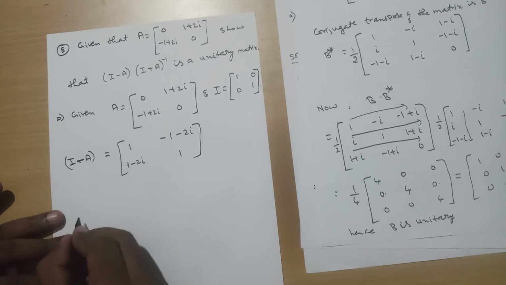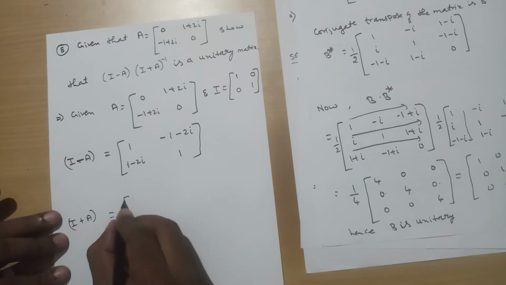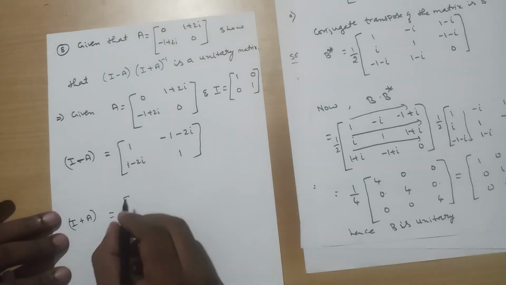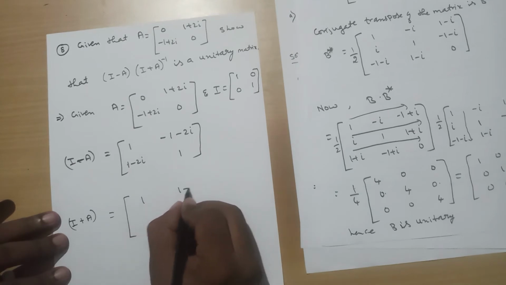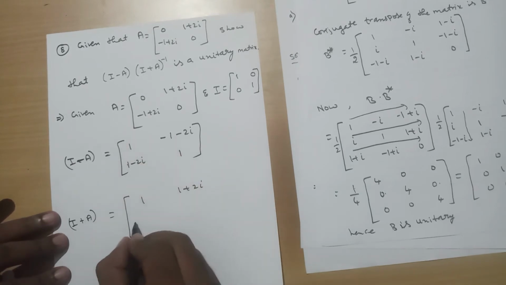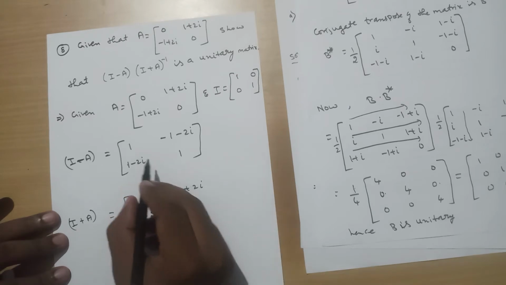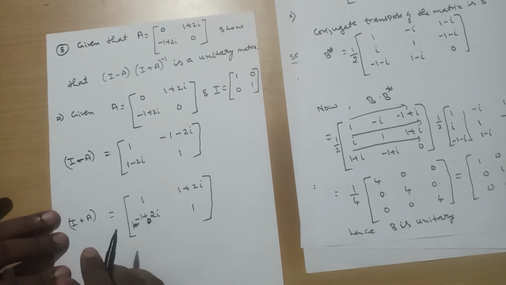Okay, now what do you get here? I plus A. So I plus A matrix means what do you get here? So it is add ಮಾಡಿದ್ರೆ ಏನಾಗುತ್ತೆ 1 plus 2i, and here minus 1 minus 2i, minus 1 plus 2i will get, and here you will get plus 1.